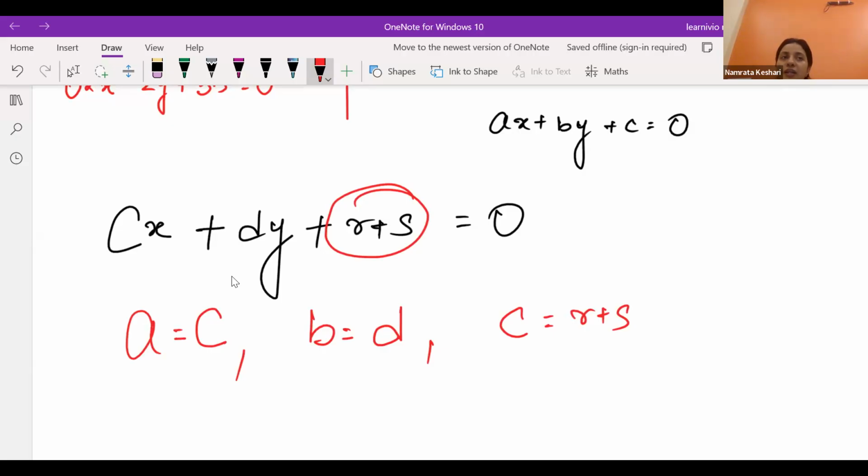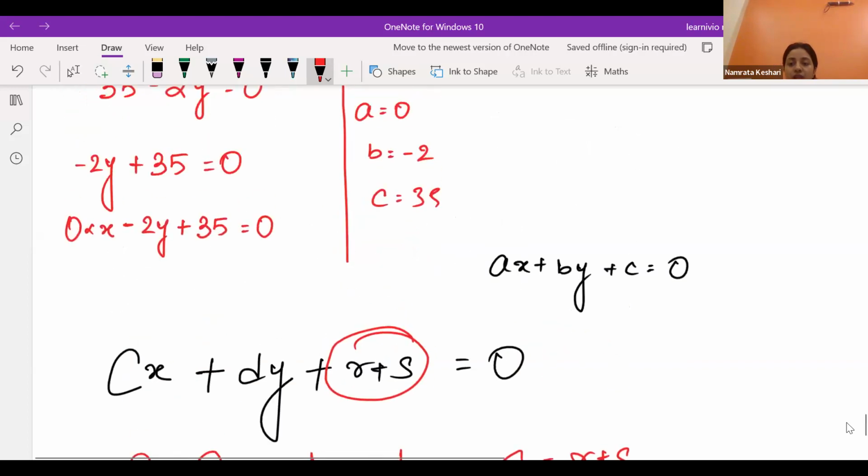Whatever is multiplied with X, be it a negative number, a positive number, or maybe an alphabet, this alphabet is trying to show you it's just any real number. So we just have to declare A, B, C. Whatever is multiplied with X, that is A. Whatever is multiplied with Y, that is B. And all the terms which are without any X and Y, these all are C.